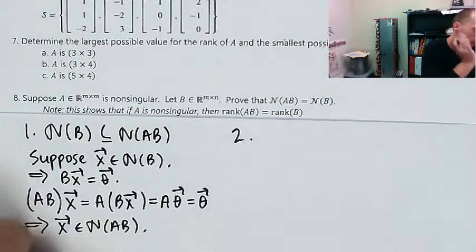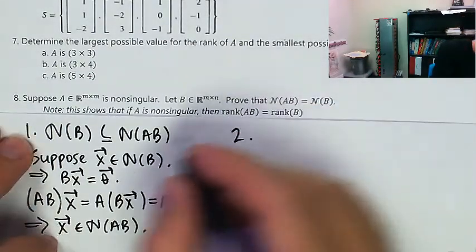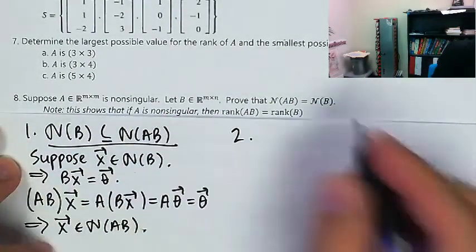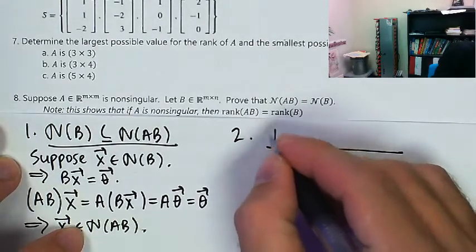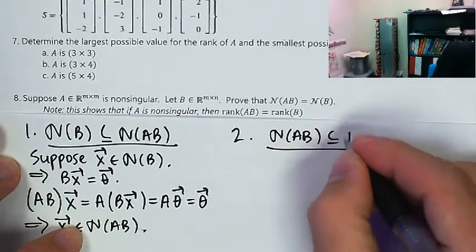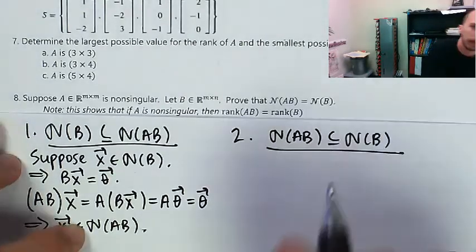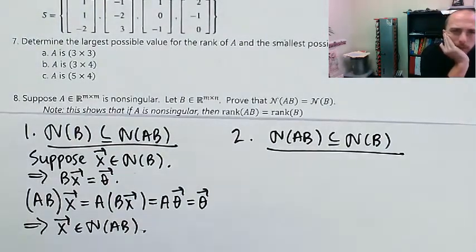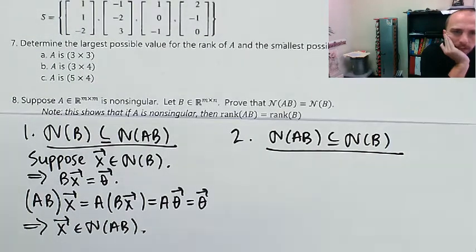The second half is going to be that the null space of AB lives in the null space of B. I feel like that's going to be a little trickier, because how do I get rid of A? We haven't really proved in class that all non-singular matrices are invertible, but I think we all know it, and I might have to use that fact.